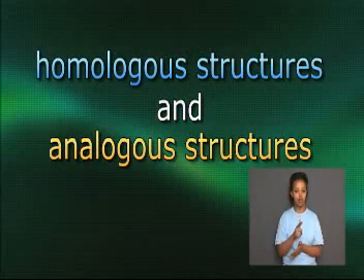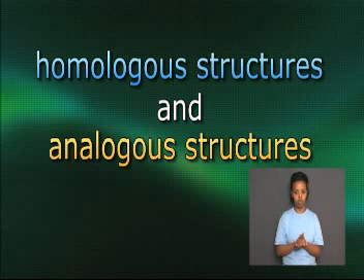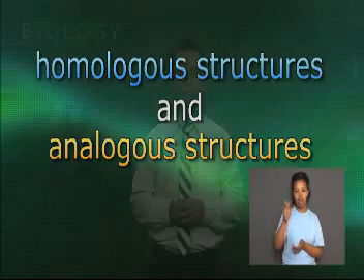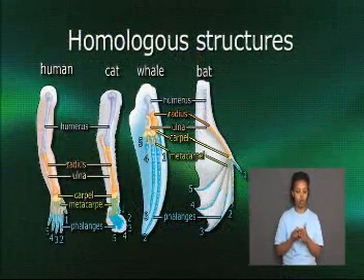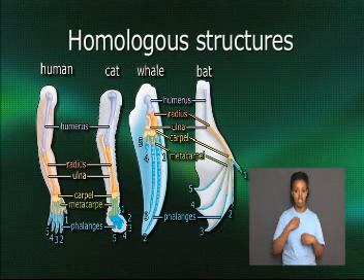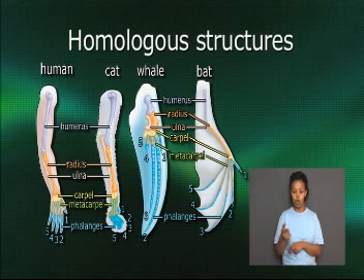Comparative theory has two major categories: homologous structures and analogous structures. We will start by talking about homologous structures. Although some organisms have anatomical structures that are very much alike, the function the structures serve will be different from species to species.